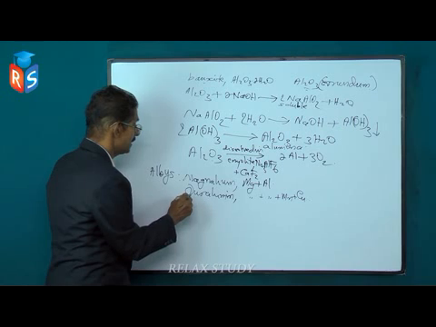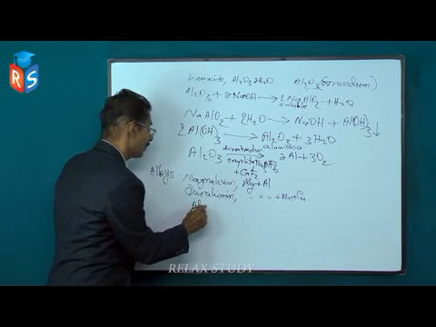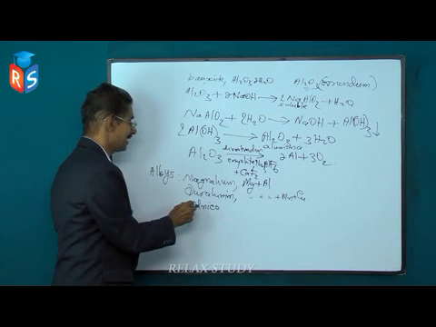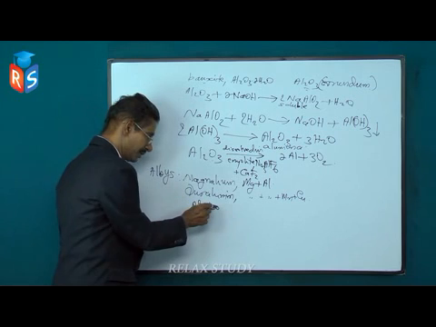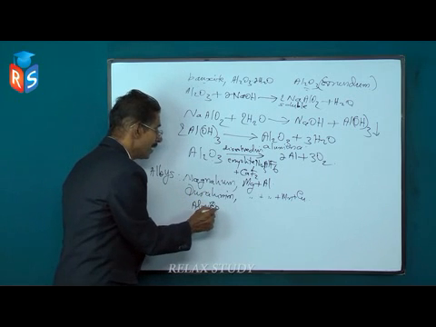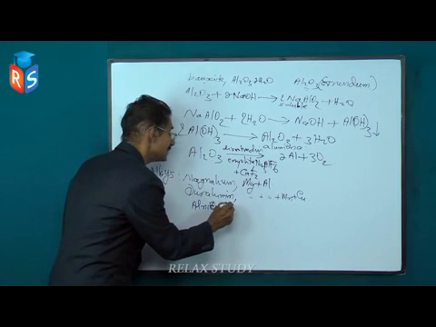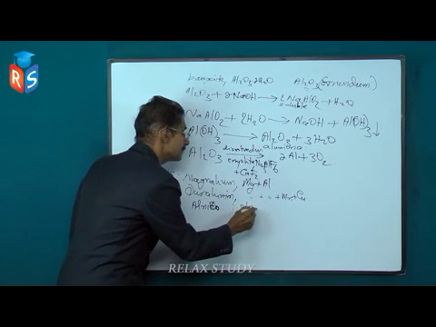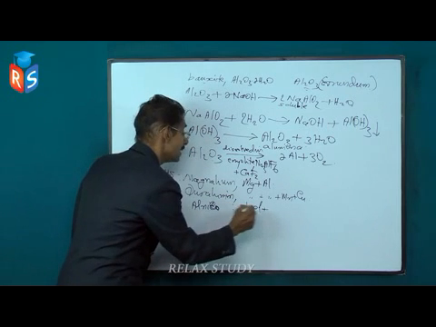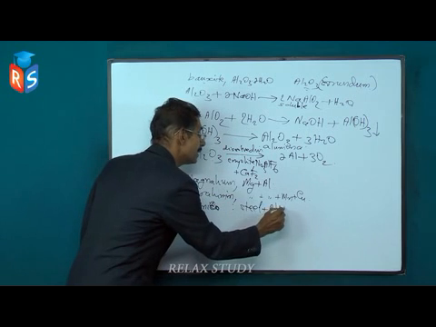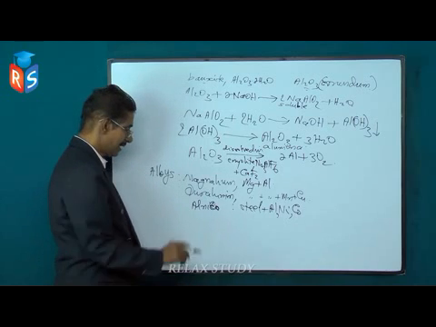Another one is alnico. As the name indicates, it contains aluminum, nickel and cobalt along with steel. This is steel containing aluminum, nickel and cobalt. That is alnico.